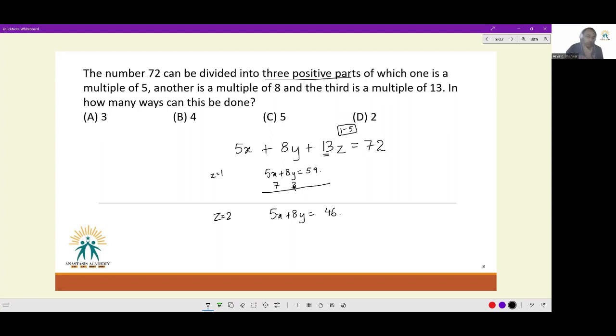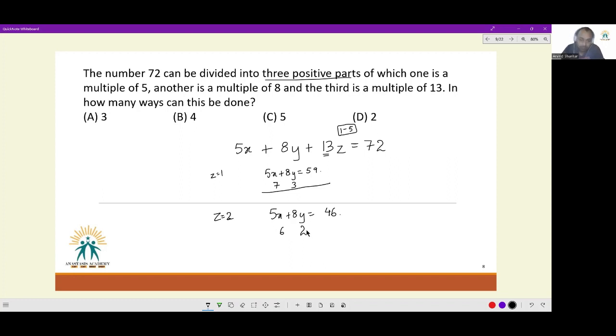Here, the remainder with 5 is 1, so I need some multiple of 8 leaving a remainder of 1 with 5. It is of course 2. 8 into 2 is 16. 16 is used up here, so X will be 6. Okay, Z being 2, Y being 2, and X being 6. Yes, this is also a solution set.